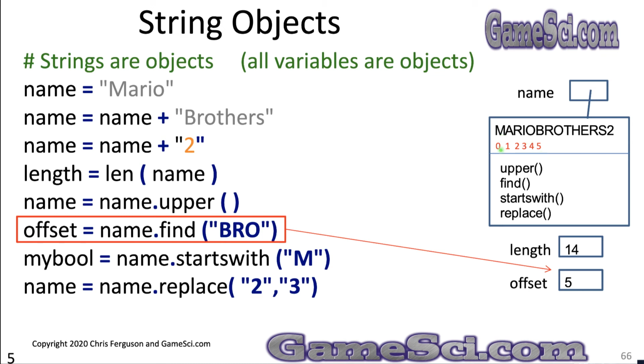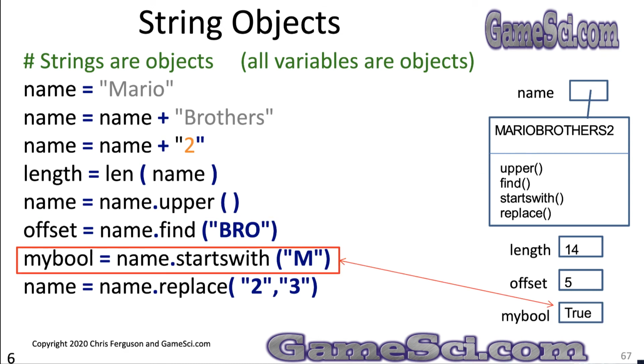The M is at character 0, the A is at character 1, the R is at character 2, and it turns out the B in bro is at character 5 of the string. Well, that 5 gets returned and assigned to the variable offset, and you can see a 5 shows up in the variable offset. It's a little tricky. You've got to remember that strings start at character 0, not character 1.